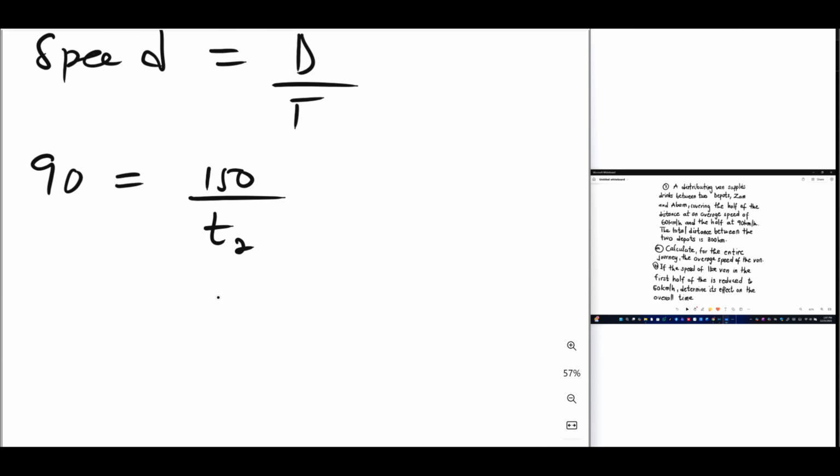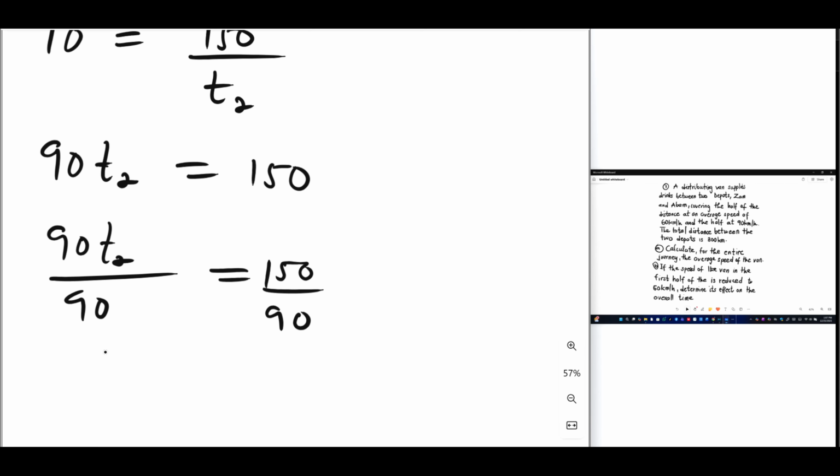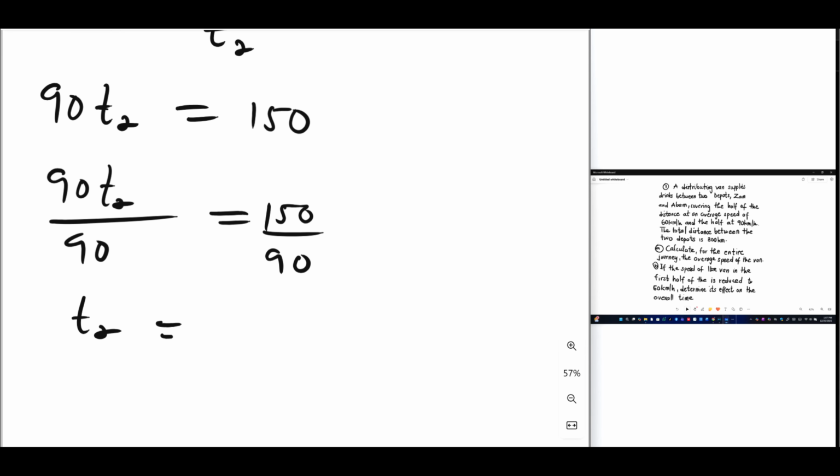So we just cross multiply. This will give us 90 t2 equal to 150. Then we make t2 the subject, so we divide through by 90, which is the coefficient of t2. Then you get your t2 to be equal to 150 divided by 90.